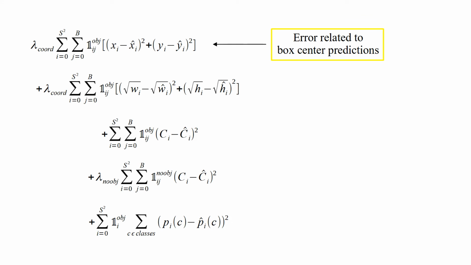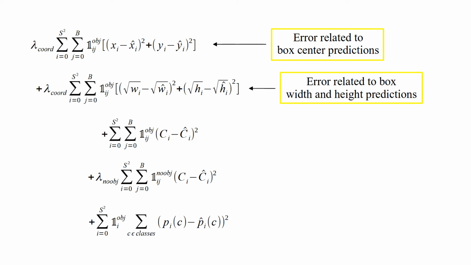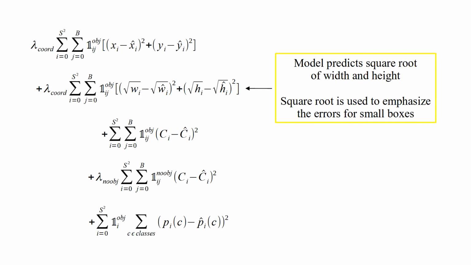The first term is related to box center predictions, and the second term is the error related to box width and height predictions. The model predicts the square root of width and height. The square root is used to emphasize the errors for small boxes.